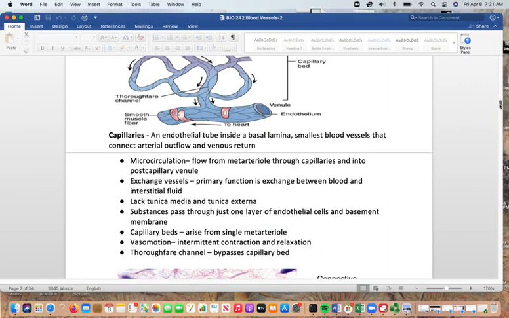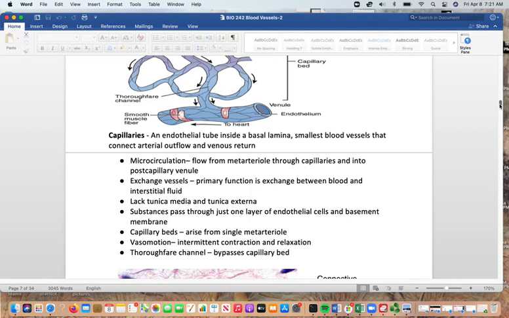So with capillaries, you've got an endothelial tube inside of a basal lamina. They're the smallest vessels that are going to connect the arterial and venous blood. So with microcirculation, again, you're going to have flow from the meta-arteriole through the capillaries into the postcapillary venule. The job of this vessel is exchange.